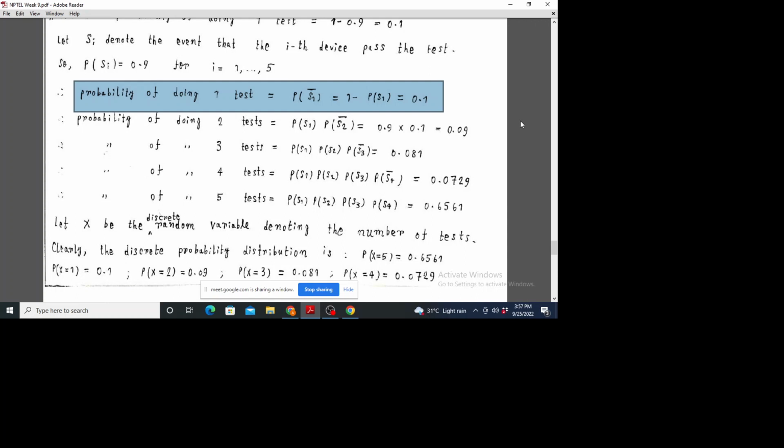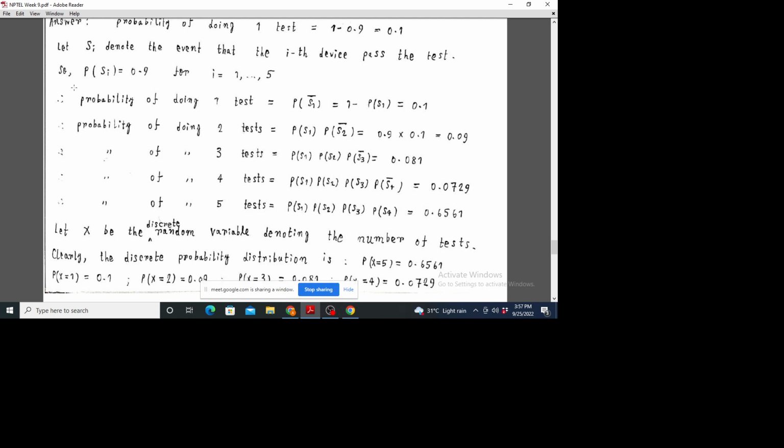That is what we will now find. So please note this: let X be the discrete random variable denoting the number of tests.